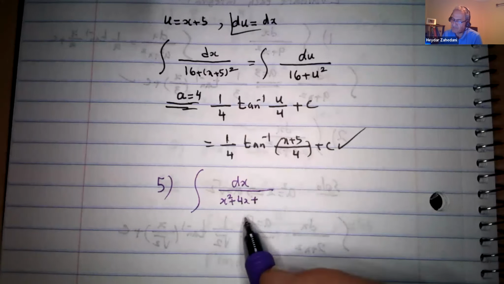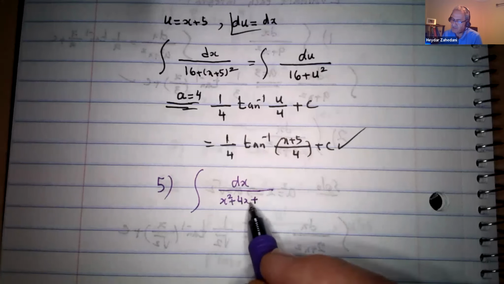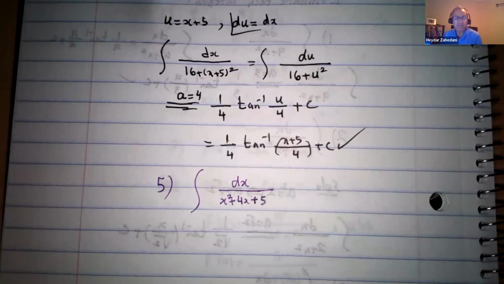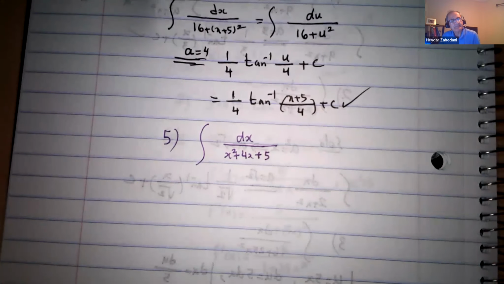I have to calculate something to get it right. Yes, 5 would work. You see, look at this one. dx over x squared plus 4x plus 5.